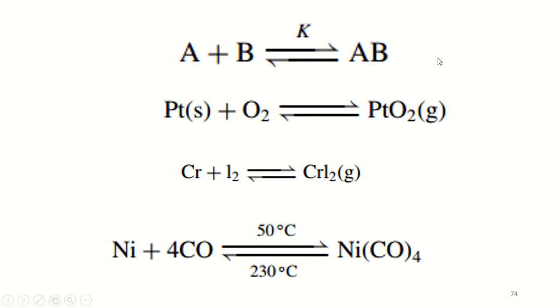So what we have learned is that if the value of K is quite large, then AB would be stable and would not decompose. If formation of AB is endothermic, then what happens? It forms at higher temperatures and decomposes at lower temperatures.